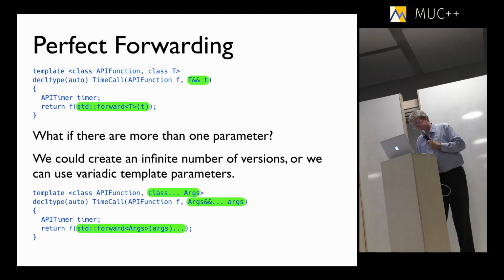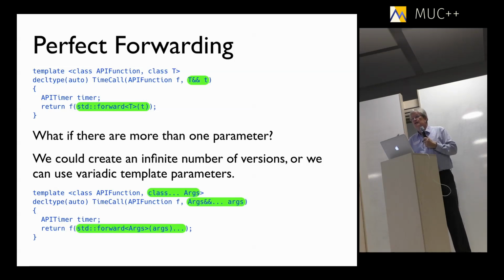Okay. So let's take a look at what we're actually doing here. Generally speaking, in our template block, we say either class or type name. We say class, and then we give a name of a template. But we can also say now class ... And what that's telling us is that the args in this case is not a template parameter, but a pack of template parameters.